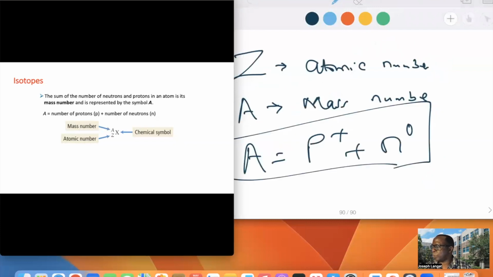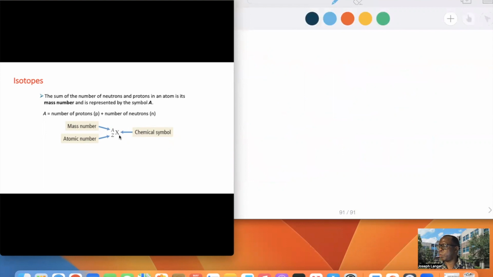Remember, this is the atomic number, the position on the periodic table, which you see right here. And then the chemical symbol. It could be maybe chlorine-35, with atomic number 17 and mass number 35, and chlorine with 17 and 36.